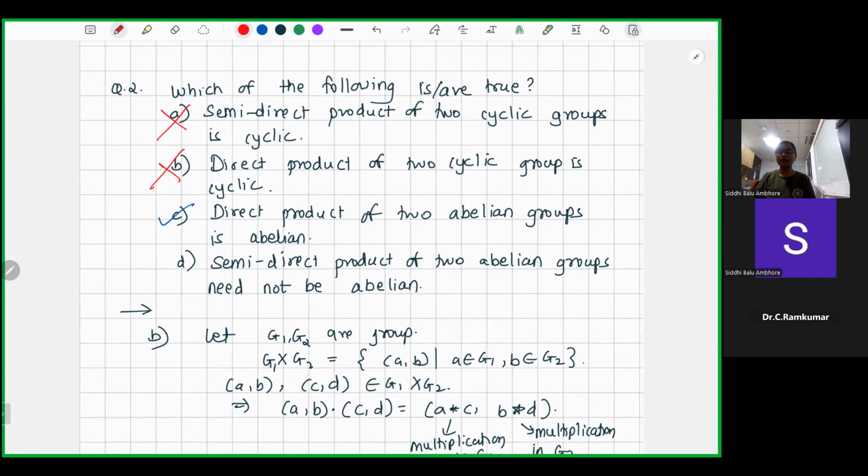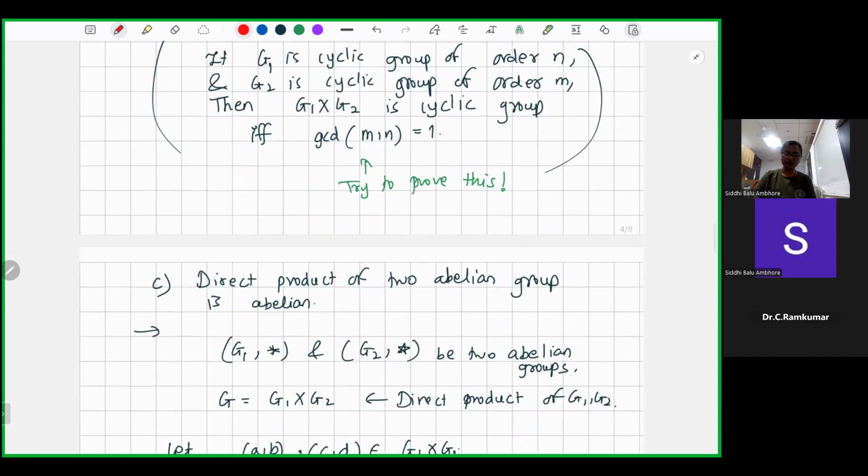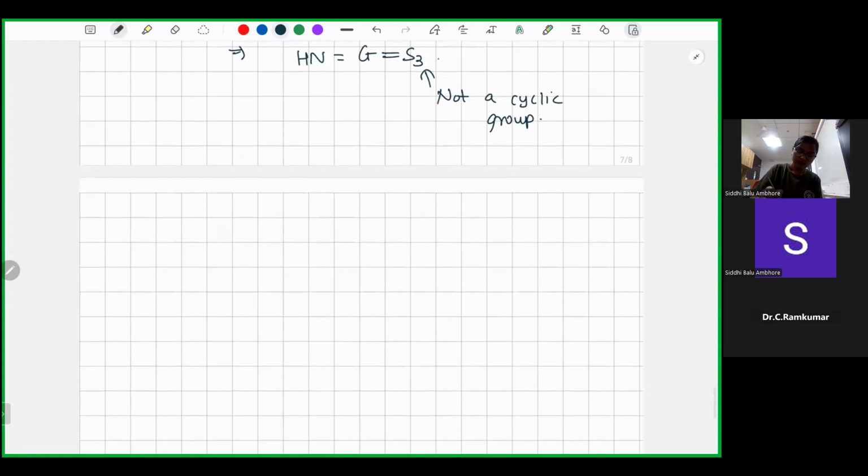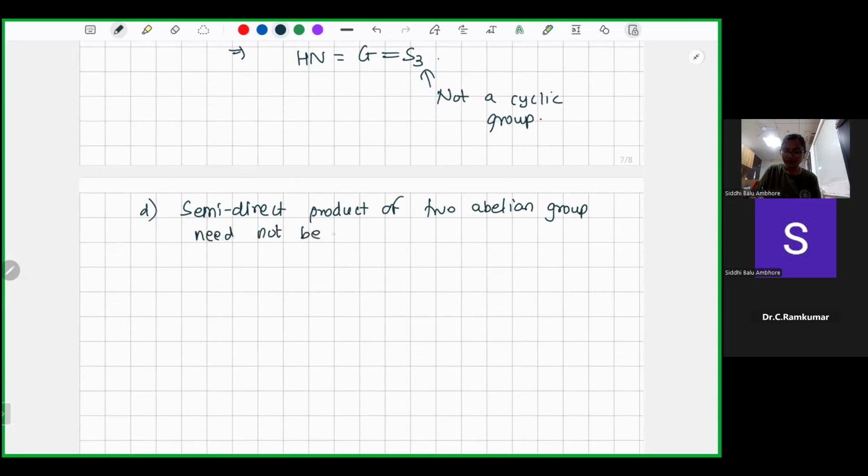And we just saw that the semi-direct product of those two groups was S3. So similarly for D, that is the semi-direct product of two abelian groups, which need not be abelian.